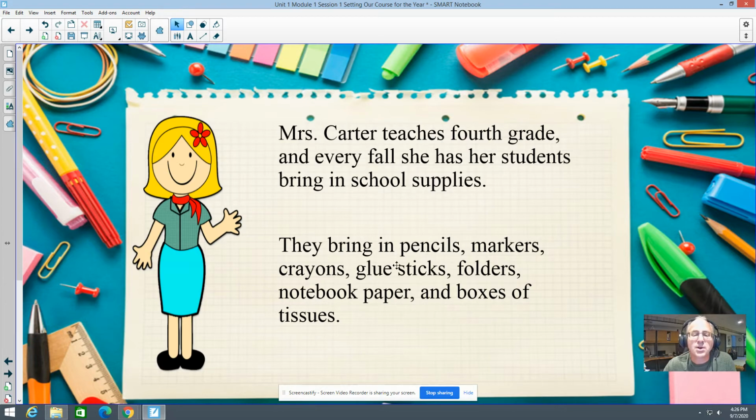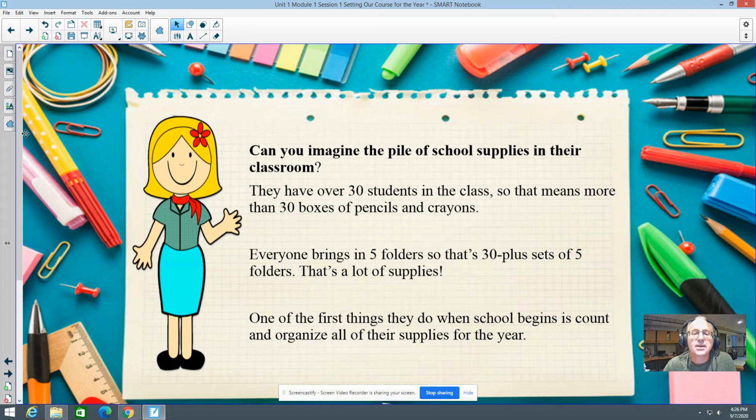They bring in pencils, markers, crayons, glue sticks, folders, all this stuff, and tissues. So that's a lot of them. We put a lot of them right into the bins for certain things, and most of it you just put right into your little bins.